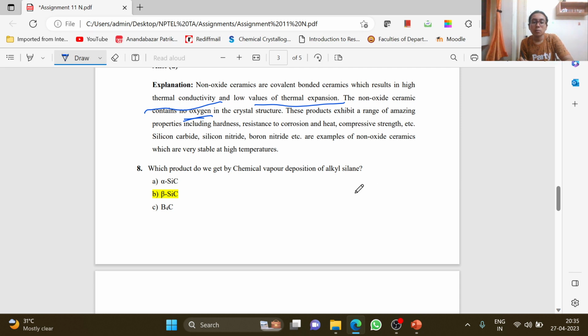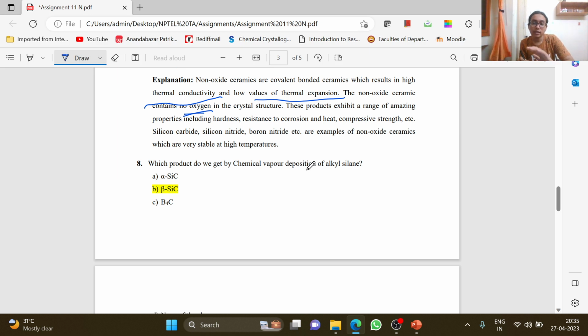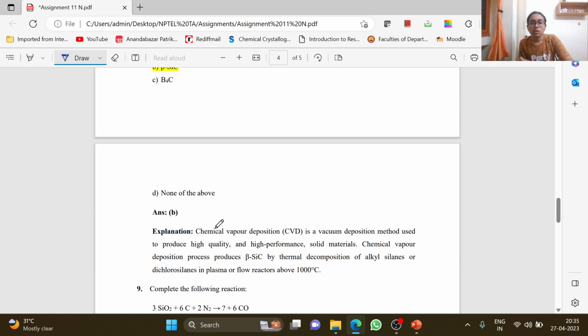Then the next question is about alkyl silane. Which product do we get by chemical vapor deposition of alkyl silane? The product will be the beta structure of silicon carbide. Chemical vapor deposition is a vacuum deposition method to produce high quality and high performance solid materials.